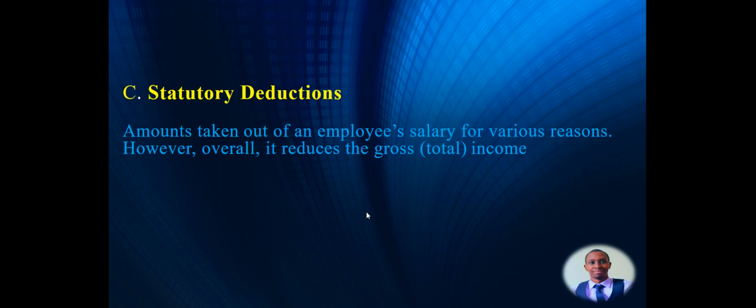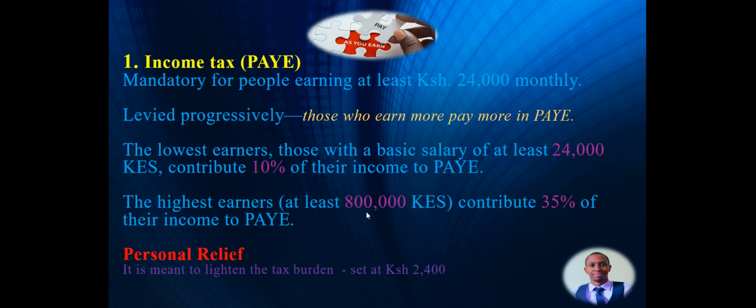Well, we'll start with income tax, which is Pay As You Earn, PAYE. Now, this item is compulsory for all the people who are earning 24,000 Kenya shillings monthly. And PAYE is levied progressively, meaning that those who are earning more will pay more.